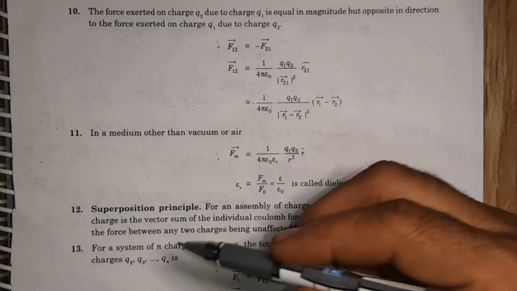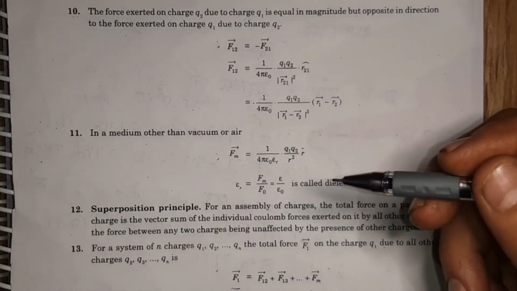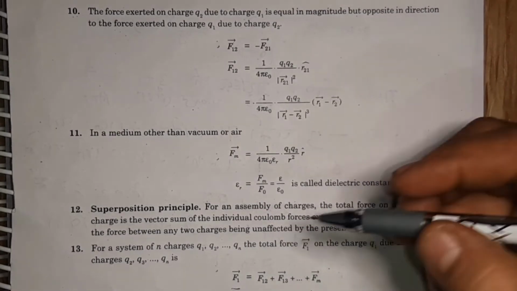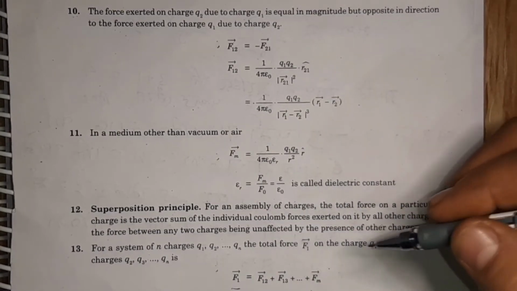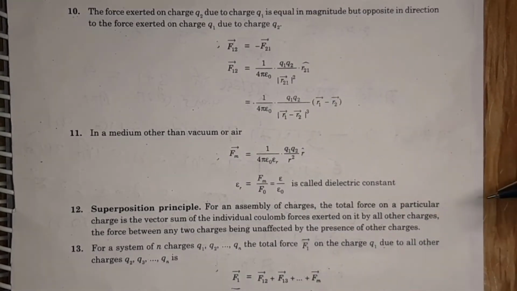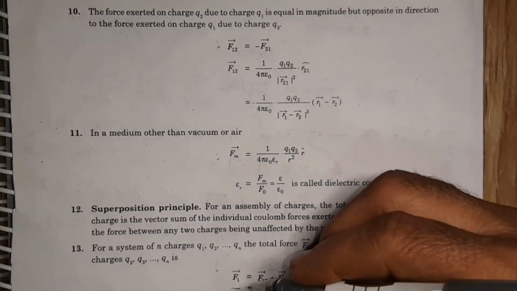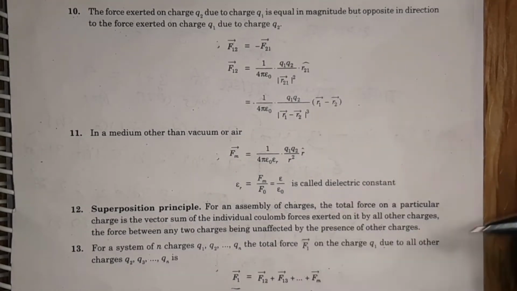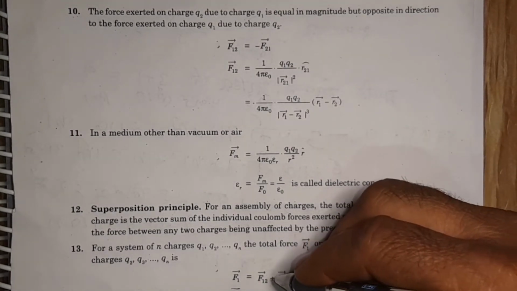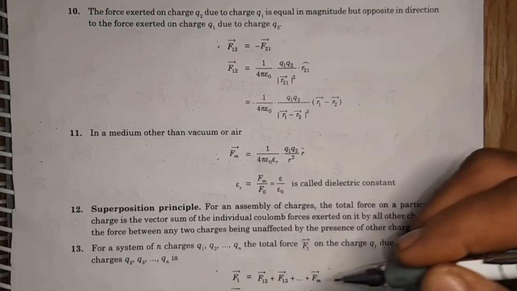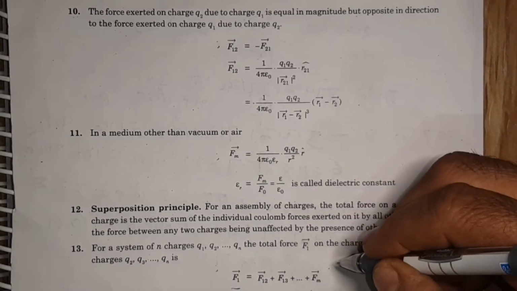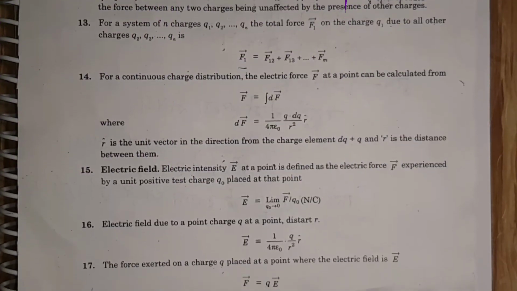Number 13, for a system of n charges q1, q2, up to qn, the total force F1 on the charge q1 due to all other charges q2, q3, up to qn is vector F1 equals vector F12 plus vector F13 plus ... plus vector F1n.